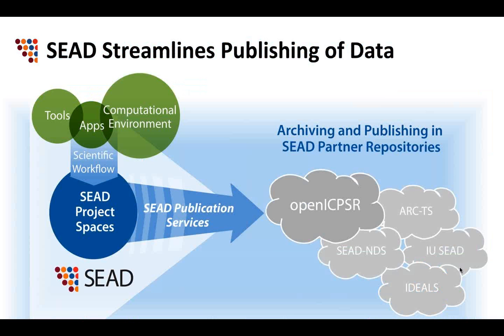SEAD's publication process can literally be initiated with a push of a button, and depending on the repository chosen, be completed in an entirely automated workflow. Publication in SEAD involves automated data and metadata review and a submission to a long-term repository working with SEAD, which have documented policies and practices for preserving data, and assignment of a persistent global identifier, in most cases DOI, digital object identifier, that you and others can use to cite your data.